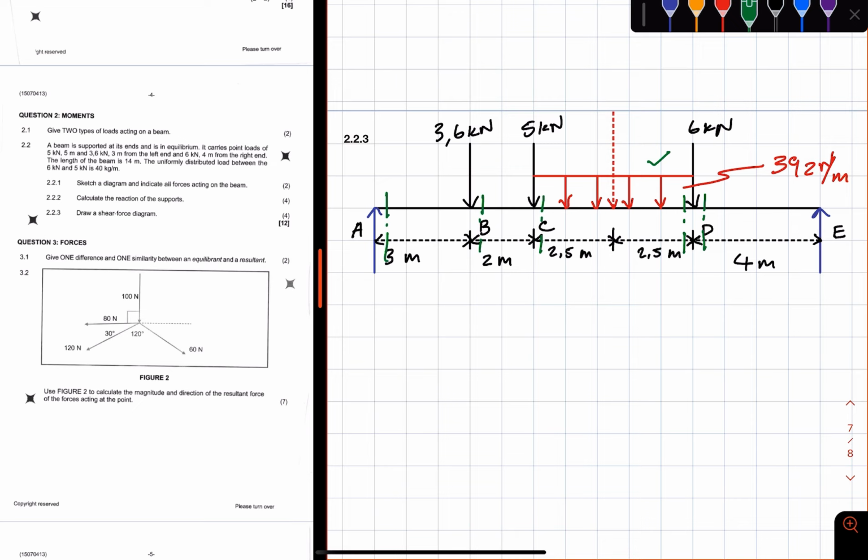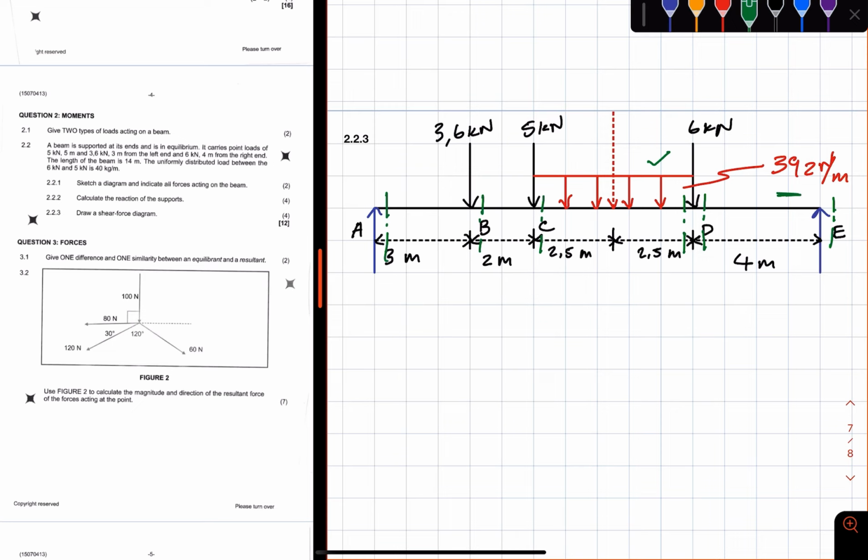Then we get to point E, right? At point E, on the left of point E, there's no UDL, right? So at that point, you section on the right of this point, right?